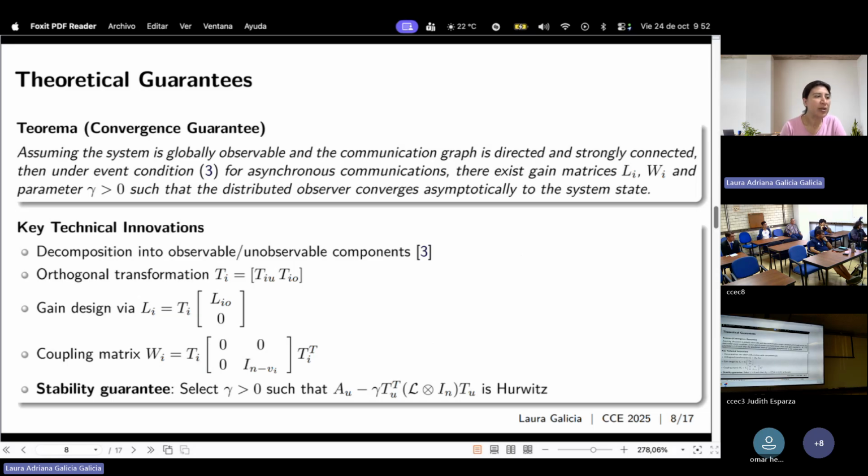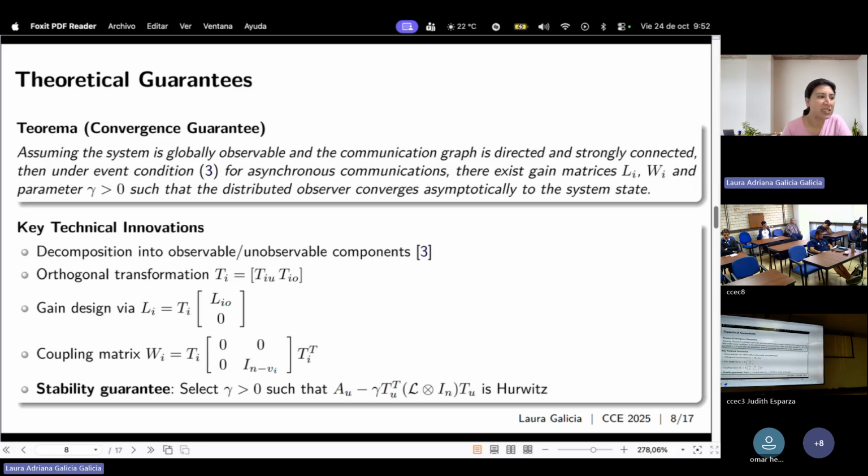Our main theorem states that under global observability and a strongly connected directed graph with our event-triggered communication, we can design appropriate gains to ensure asymptotic convergence to the actual state of the system.